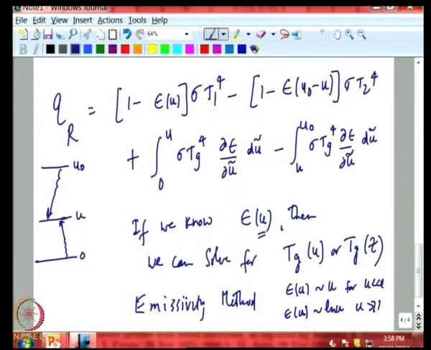So, knowing the given situation and the range of u that you are going to encounter, you can think of some function of this emissivity, which is either from laboratory measurements, or we can also compute them from basic spectroscopic properties.